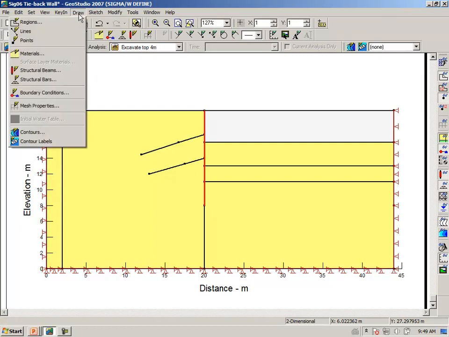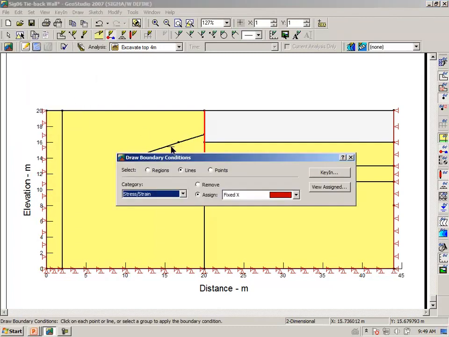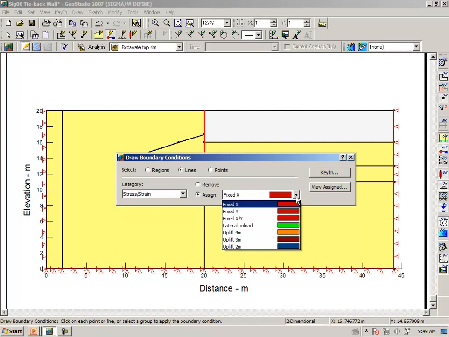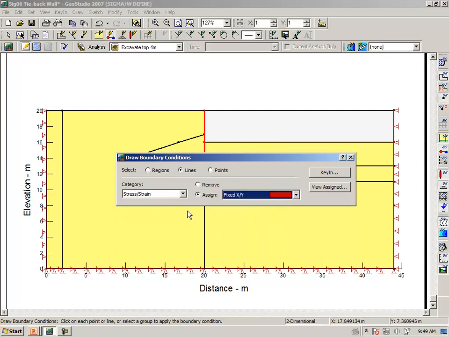Say draw boundary conditions, fixing the left boundary in both the x and y directions. On the right, it is deemed to be the center of the excavation, so it's symmetric about the center of the excavation, and leaving it as a fixed x is adequate.